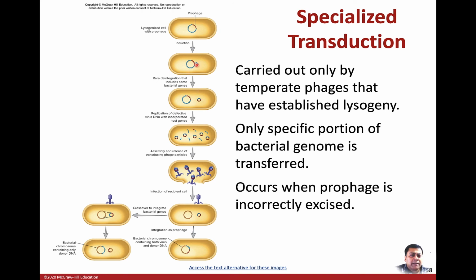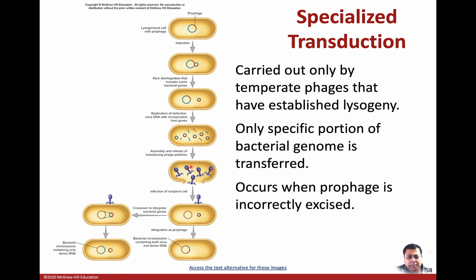In the process of excising it out, instead of the complete red DNA, it now contains a portion of the blue DNA. So this is not a complete prophage of what originally came in, but it is a little bit different. So now this red-blue DNA will form the genome of the new bacteriophage.